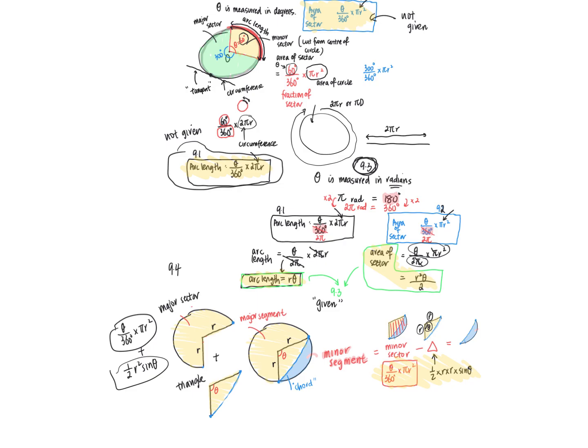But the major is the big slice, outside the triangle. So this big one plus the piece of triangle. So you get this slice. You need to include the triangle. So the major segment is the whole red thing.